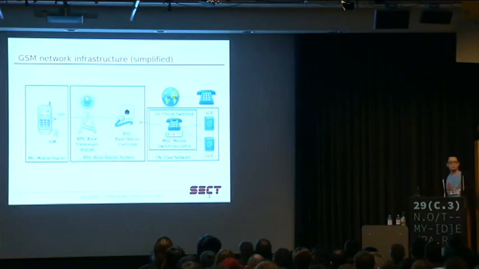The MSC is talking to two important components here. The VLR, the Visitor Location Register, is directly connected to an MSC usually. But before I explain that, I want to explain what the HLR is. The HLR is the Home Location Register, and this is really the value of a mobile operator. This is where all the subscriber information is stored, every piece of information relevant to billing.